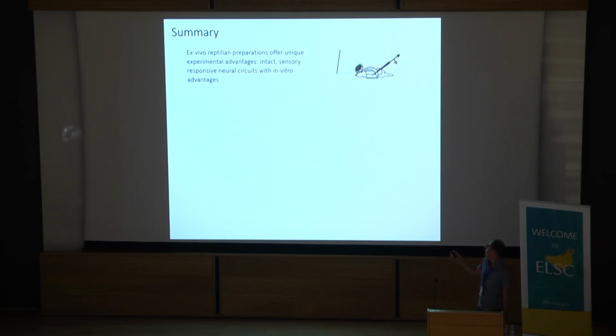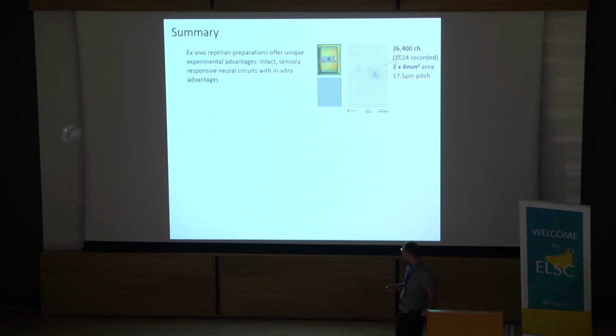What I hope I have convinced you of is that we have a very nice model system, a system that is intact and sensory responsive, but where we have all the advantages of working in vitro, and this could be very useful for a specific type of questions. I showed you data from arrays of 256 electrodes and 120 electrodes.